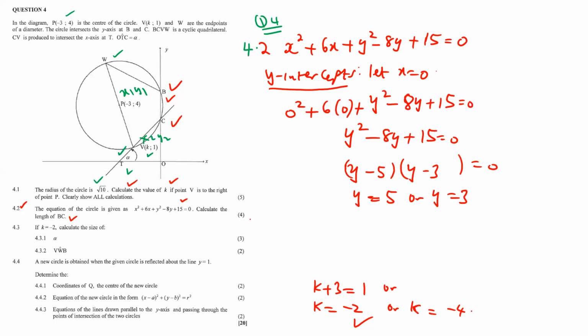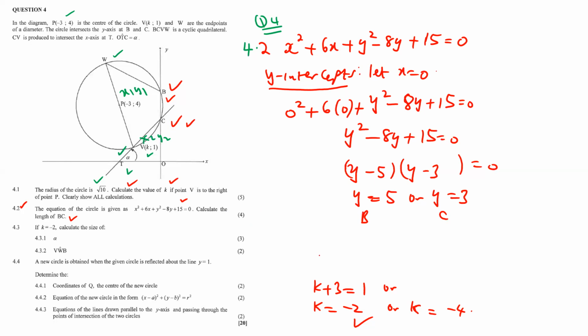Ideally, that would mean y is 5 at B, the higher one, and y is 3 at C, because C is at a lower position.